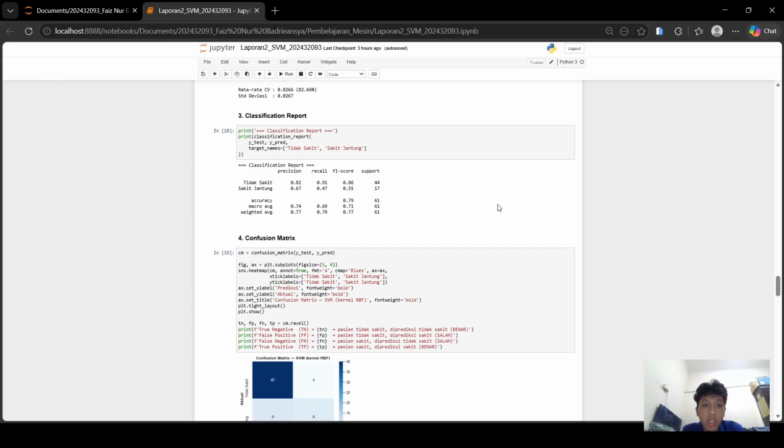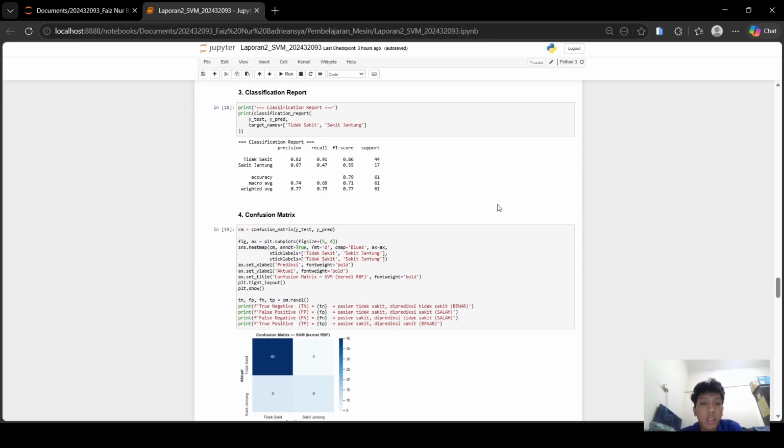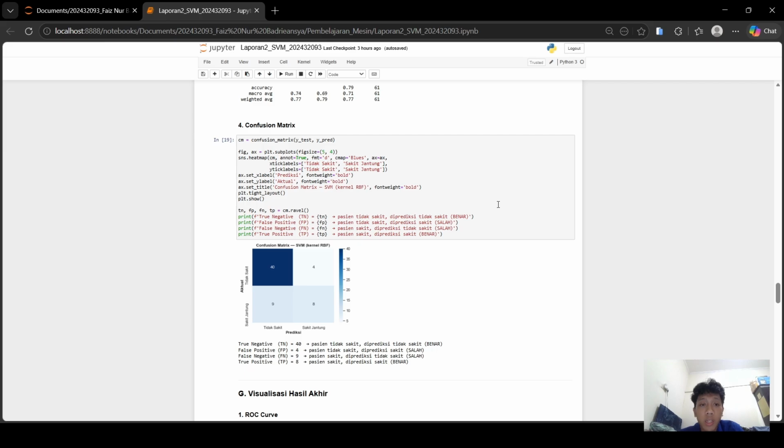We have accuracy, macro average, and then weighted average. We go to the confusion matrix.